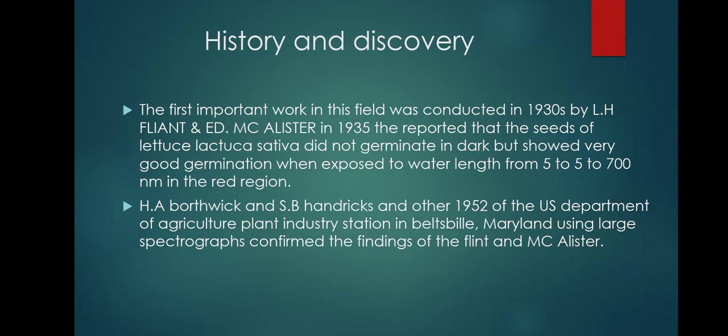Now, history and discovery of phytochrome. The first important work in this field was conducted in the 1930s by the scientists L.H. Flint and E.D. McAlister in 1935. They reported that seeds of lettuce, Lactuca sativa, did not germinate in the dark, but showed very good germination when exposed to wavelengths from 570 to 700 nanometer in the red region.